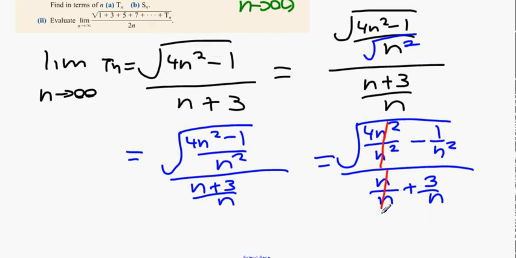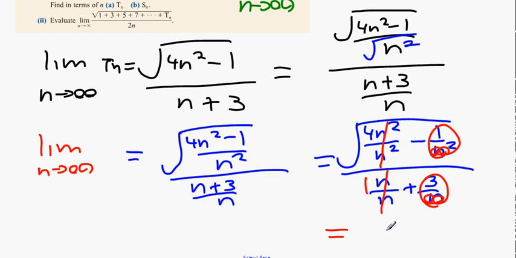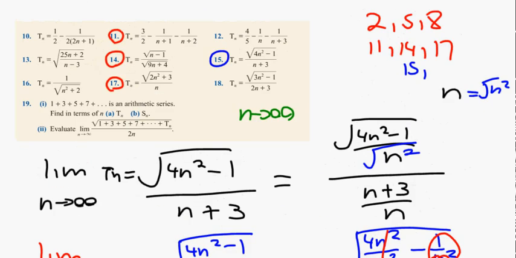So that's the square root of 4, that's 1, that's going to turn into 0, that's going to turn into 0. The limit as n approaches infinity, because the n's will turn into infinities. And then we're going to be left with the square root of 4 over the square root of 1. The limit is 2. Okay, so that's question 15 done.